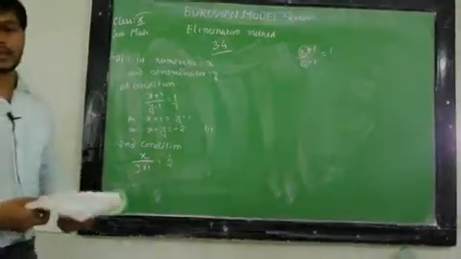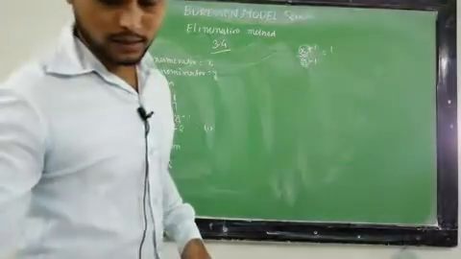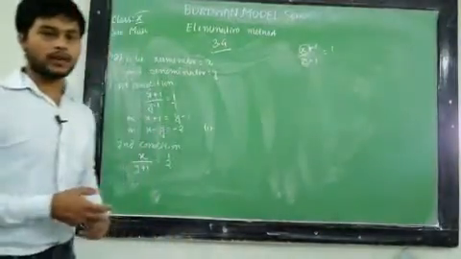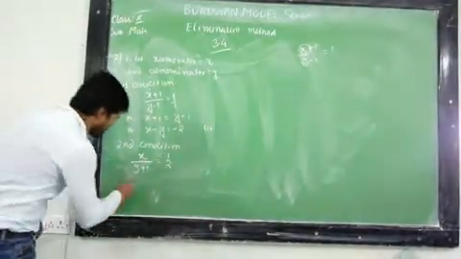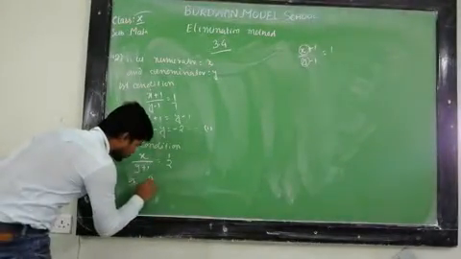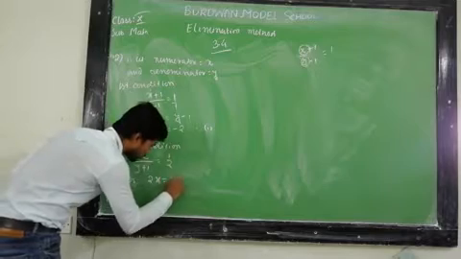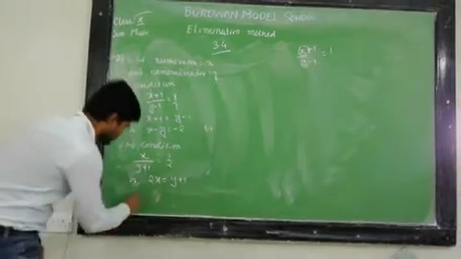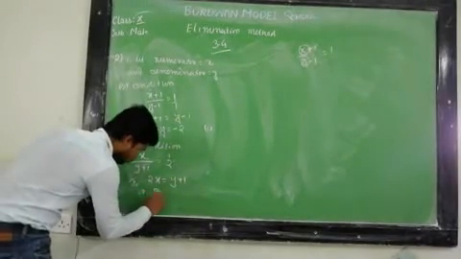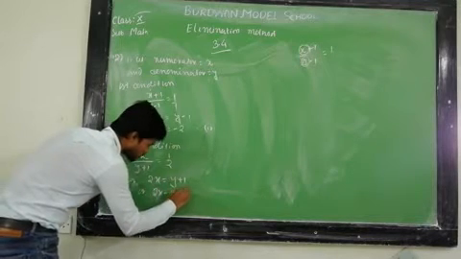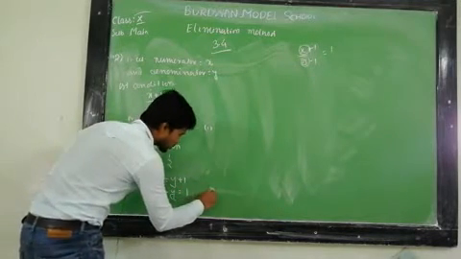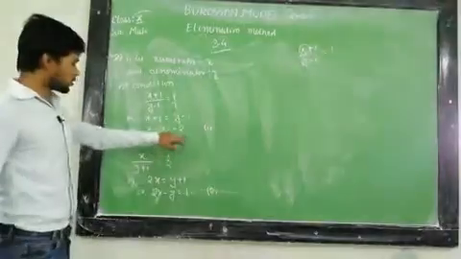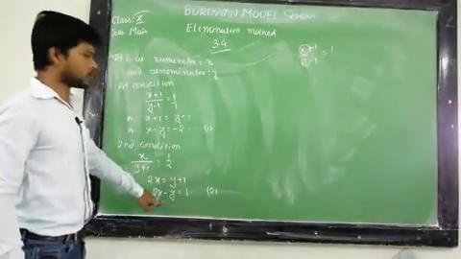So this is our second equation, x by y plus 1 is equal to half. Now do the cross multiplication, so 2x is equal to y plus 1, or 2x minus y is equal to 1. This is our equation number 2. So this is our equation number 1 and this is our equation number 2.